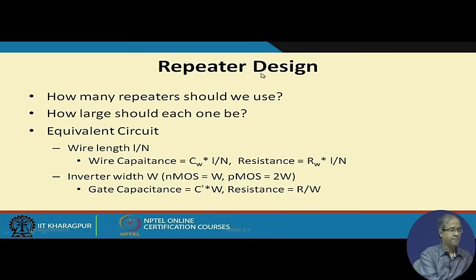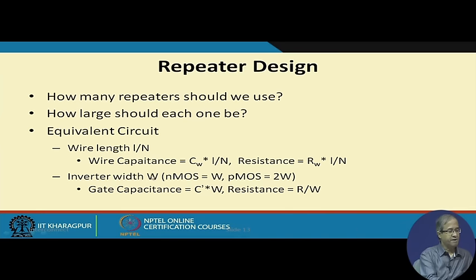So, for repeated design, if we divide it into L by n, each of the segments will be of length L by n. The capacitance will be the capacitance of a basic square into L by n, and resistance will be of a basic square into L by n.